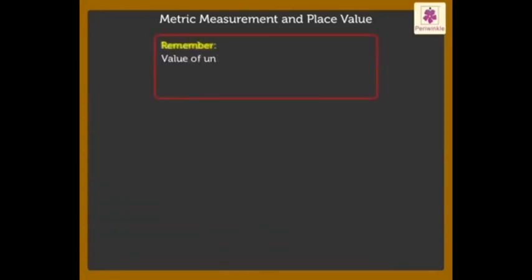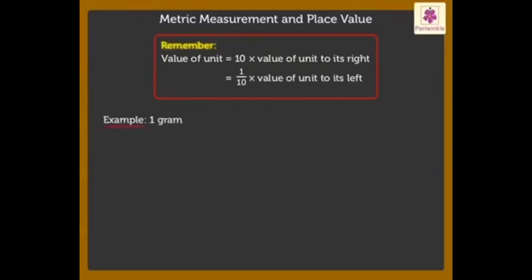The value of a unit is 10 times the value of the unit to its right and 1/10 times the value of the unit to its left. For example, 1 gram is equal to 10 decigram. 1 gram is equal to 1/10 decagram.